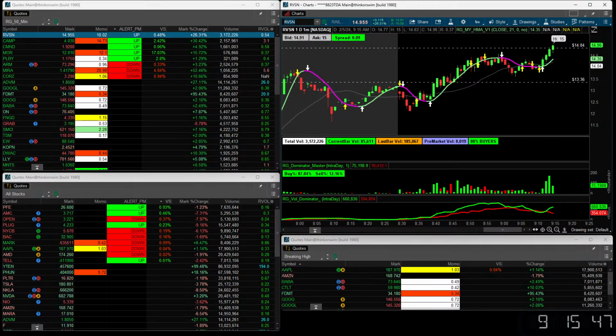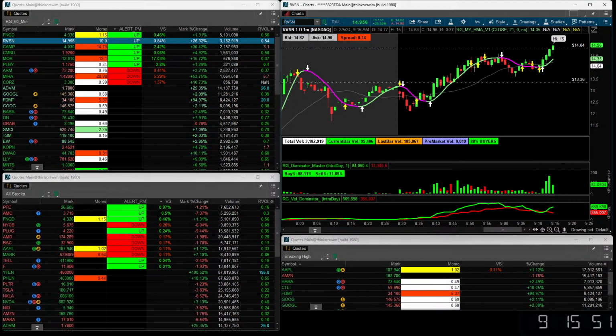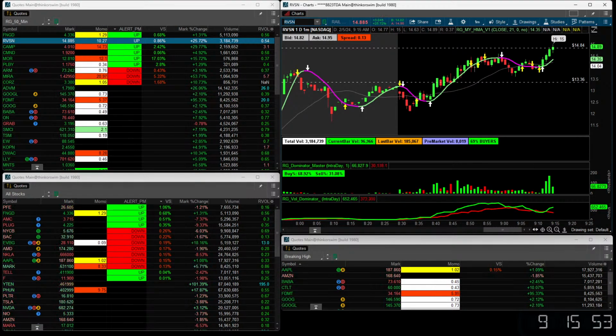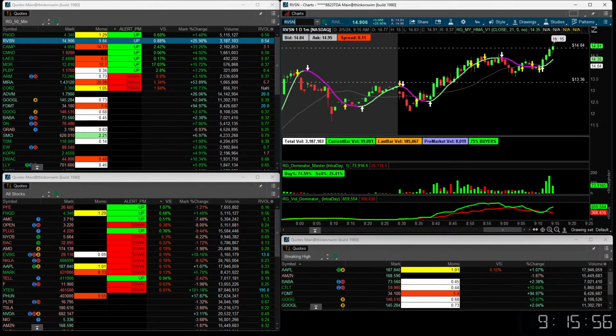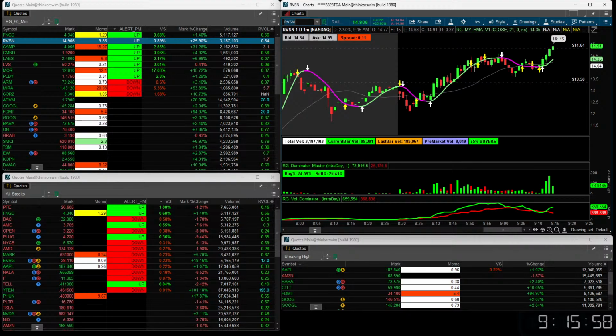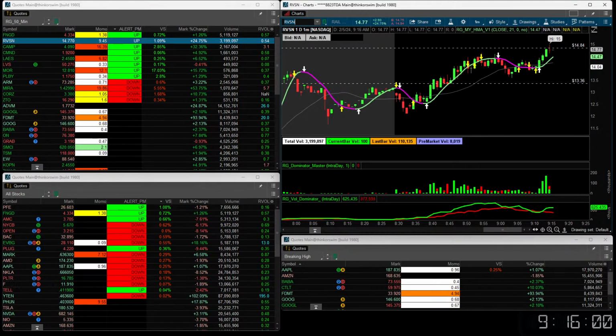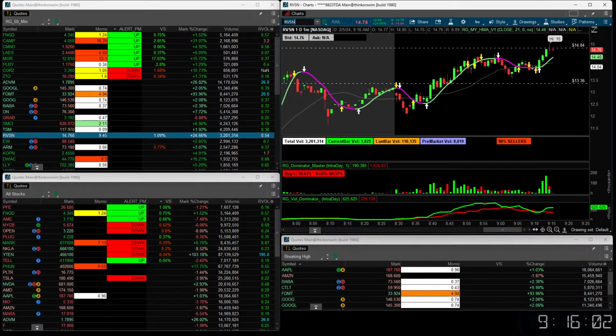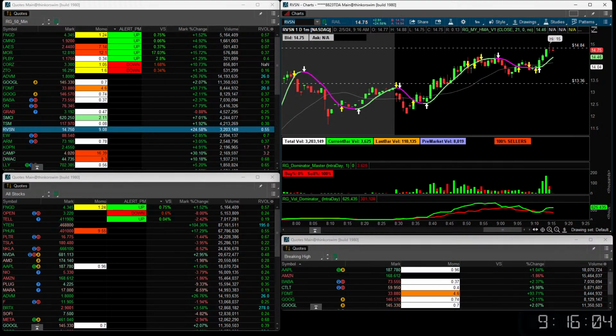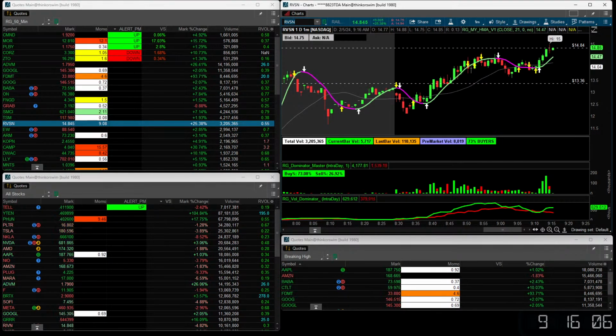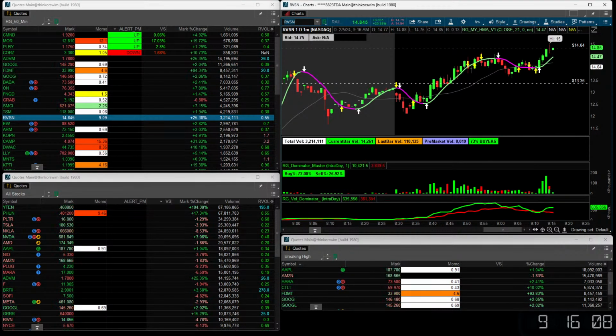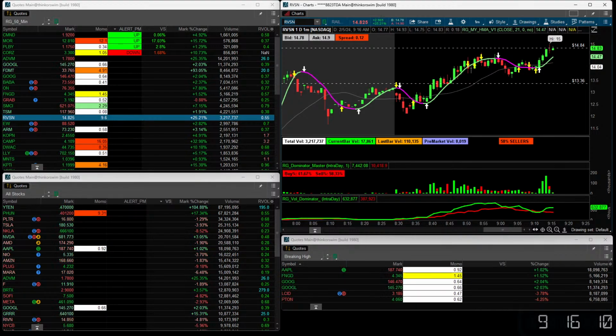We did break through 1480 on RVSN. Let's see if it holds. It needs to hold above it. Not looking too good for this one.